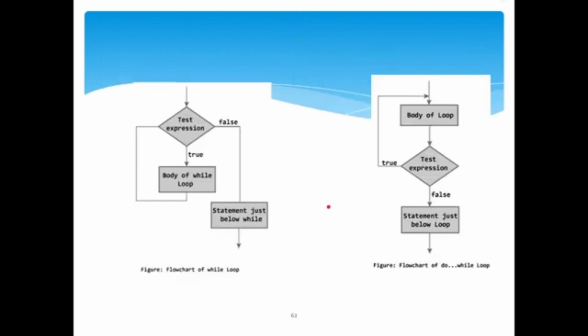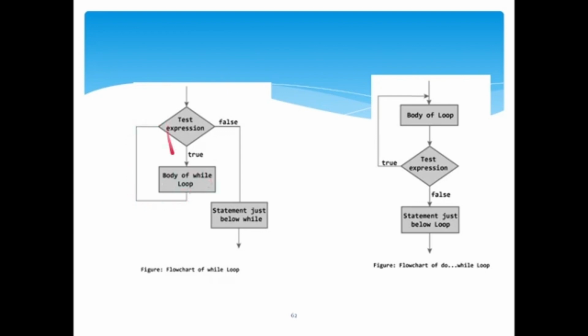You can check while and do while. In the while, first you specify the condition, and if that condition is false, then whatever statements you write below the while block will get executed. And if the condition is true, the main body which you have written inside the while loop will execute.